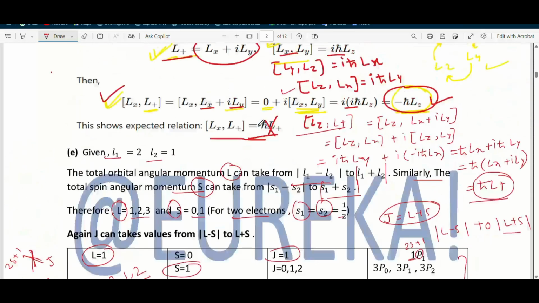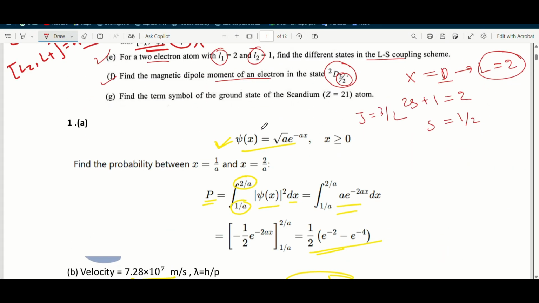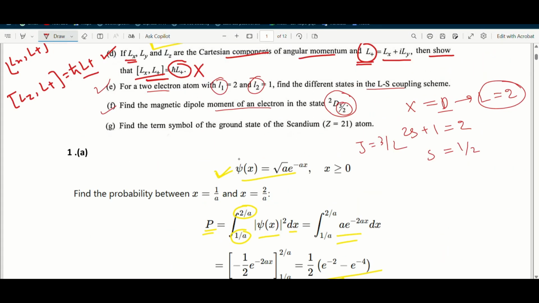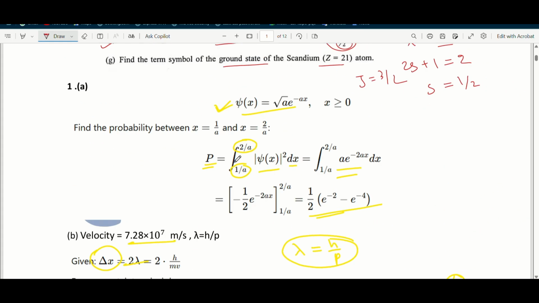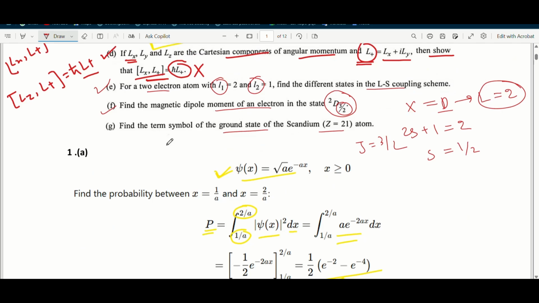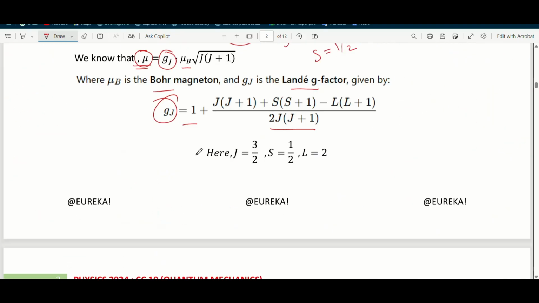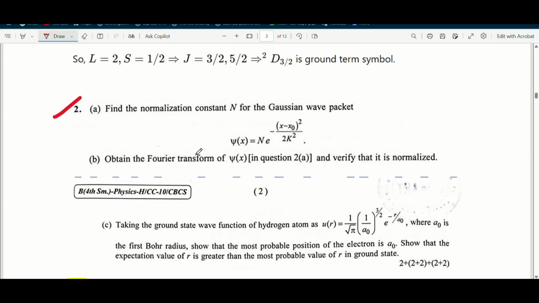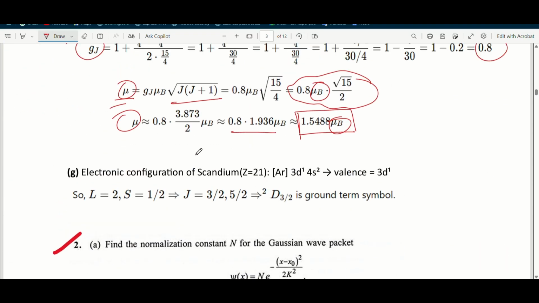Now next one, find the term symbol of the ground state of scandium. The atomic number is 21. So we need to find the term symbol of the ground state. Now for scandium, what will be the electronic structure?